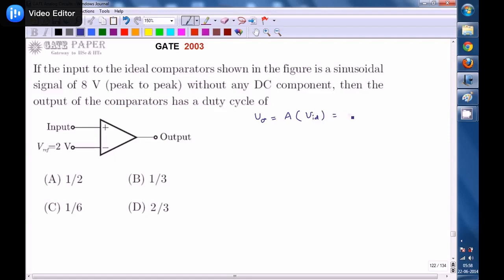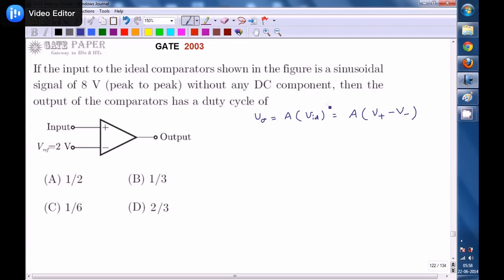VID is the input difference voltage, A times (V plus minus V minus), which is the difference between voltage at non-inverting terminal and voltage at inverting terminal. And A is going to be very high for the open loop configuration.